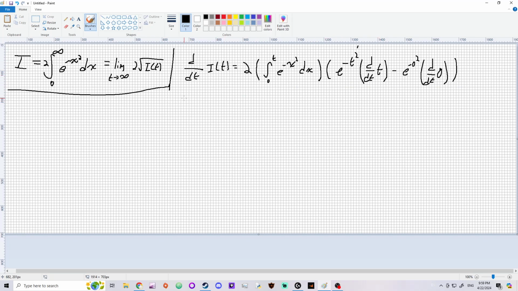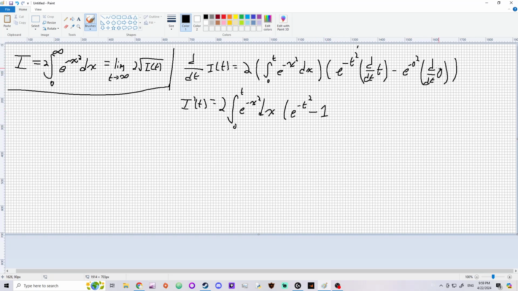Yeah, so we got this. We evaluate all these values here, so now we have I prime of t, we took the derivative. This is equal to 2 times our integral from 0 to t of e to the negative x squared dx, times e to the negative t squared. Nothing changes there; the derivative of t with respect to t was just 1, so I'm not going to bother writing that. Minus e to the negative 0 squared, which is just 1 again.